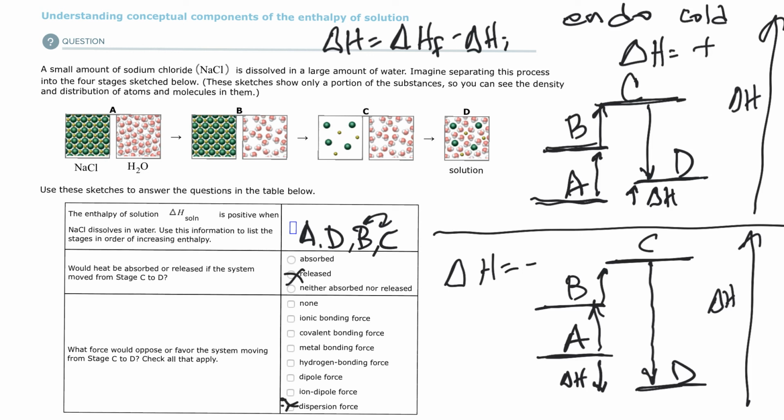So you're always going to have to oppose dispersion forces. And in this case, you've got ions and a dipole. If you remember, you've got polar molecules with the water, and the polar molecules and the ions are going to have to be opposed. So these are the two that you would have with an ion mixed in with a polar molecule like water. It's complicated, I think, but I think the pictures help.